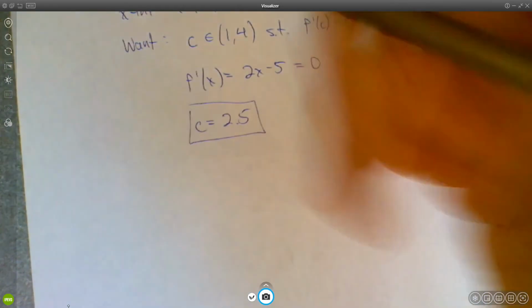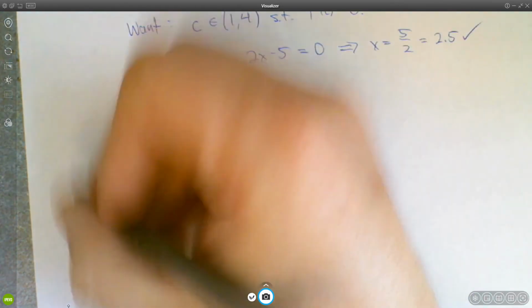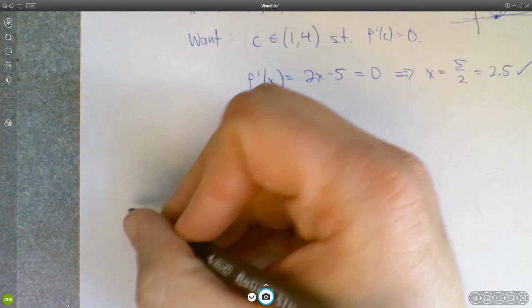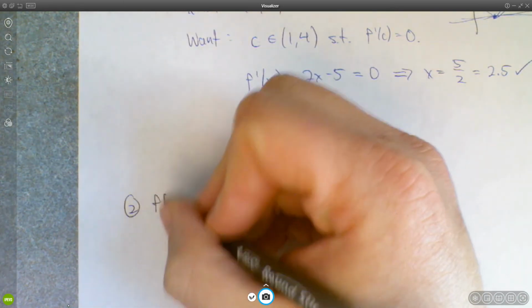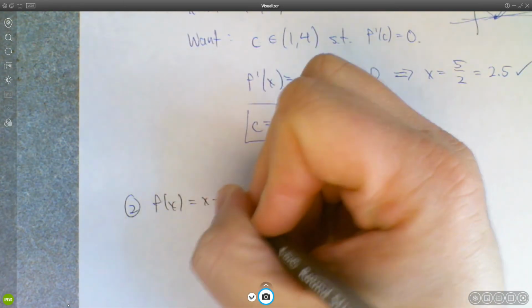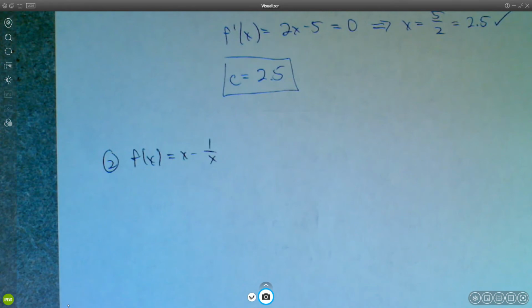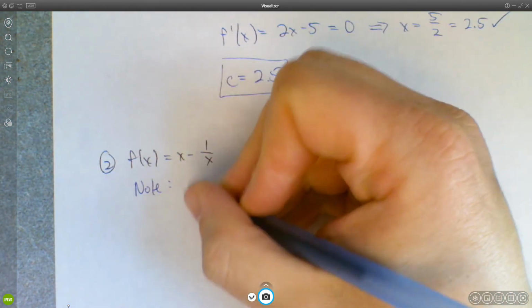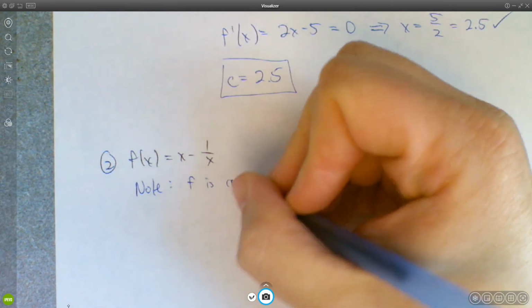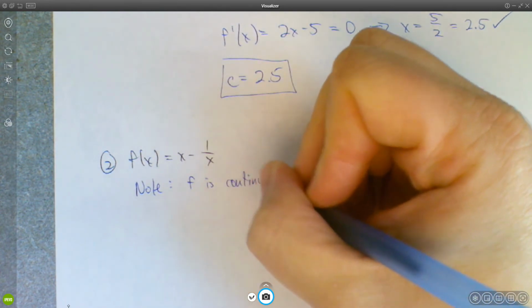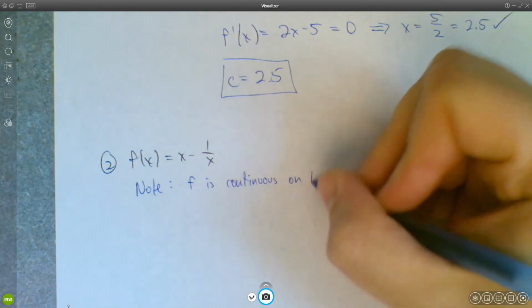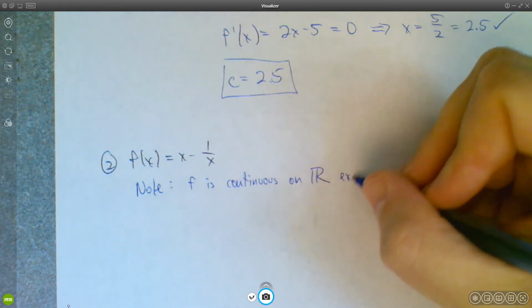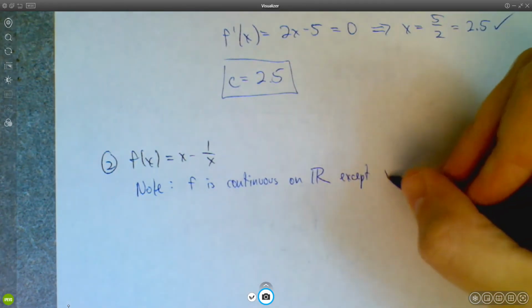We could say, okay, so this was example 1 up here. Example 2, we could say, alright, so f of x equals x minus 1 over x. So we could say something like this. Note, f is continuous on all real numbers except 0.